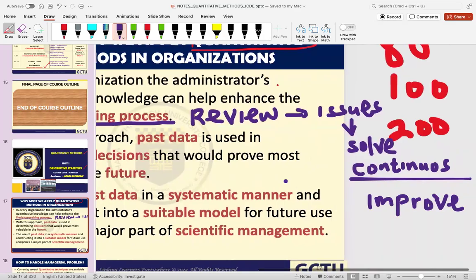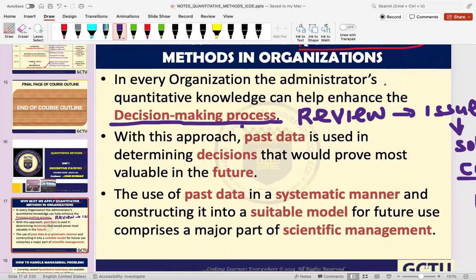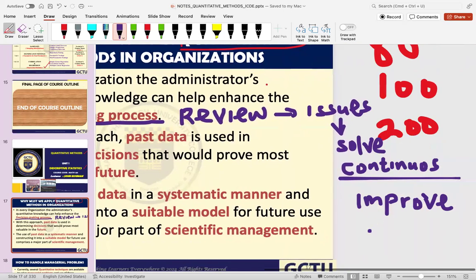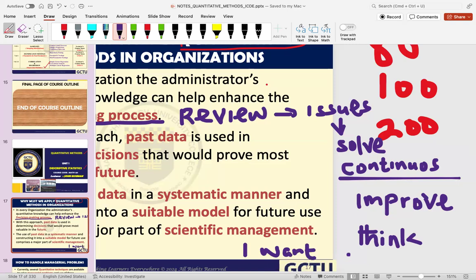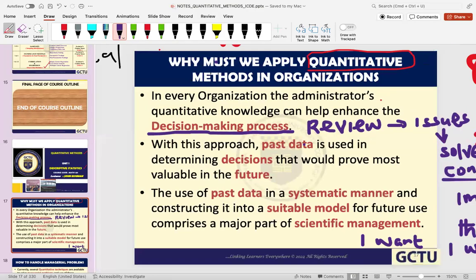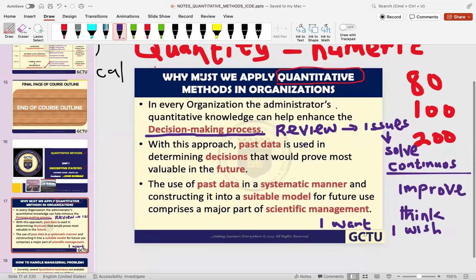So if the decision-making process is used to improve the business, how do we go about the decision-making process? Do we sit down and say, I think, or we say, I want, or you say, I wish? These things, the words I've written, do not improve your business.